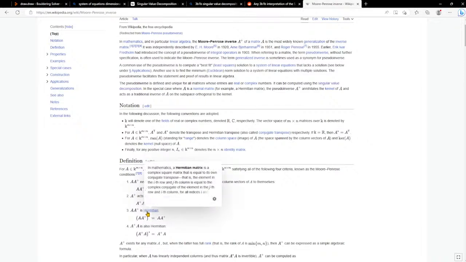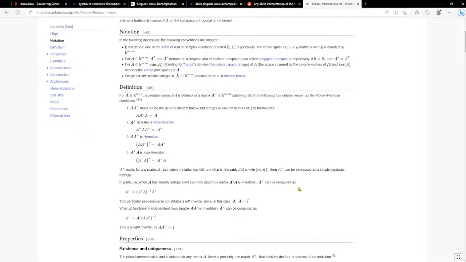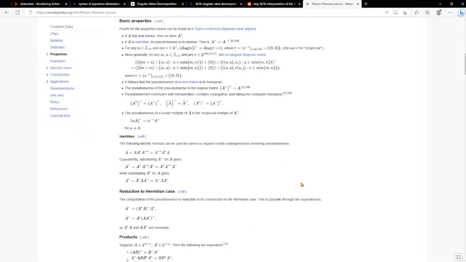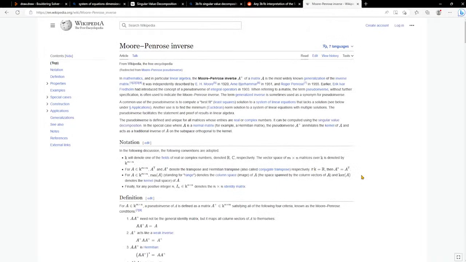Like, who? Why is linear algebra so abstruse? Like, it should be so simple. I mean, I guess I should expect this. Trying to learn math from Wikipedia is mostly impossible.